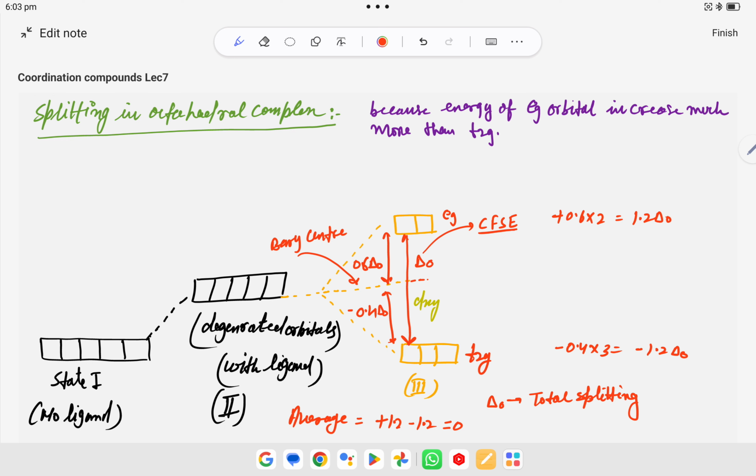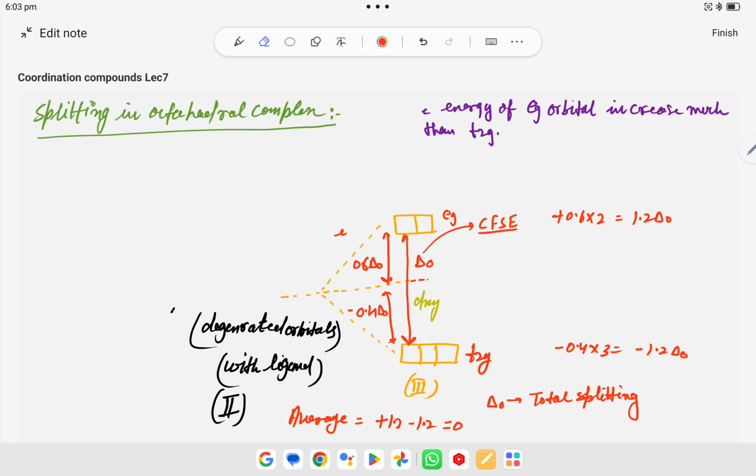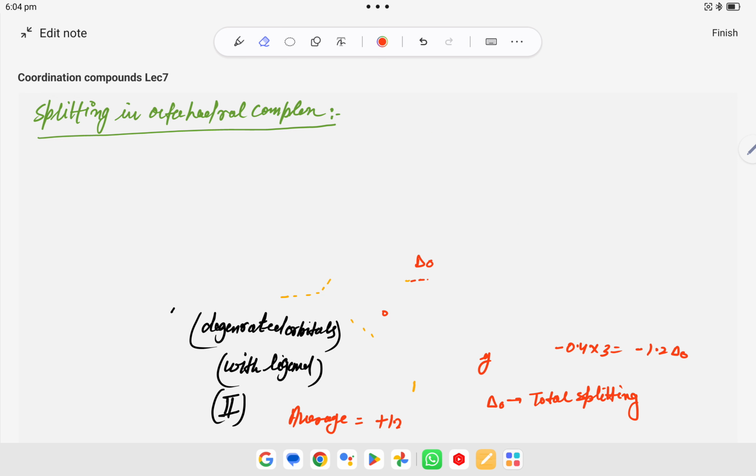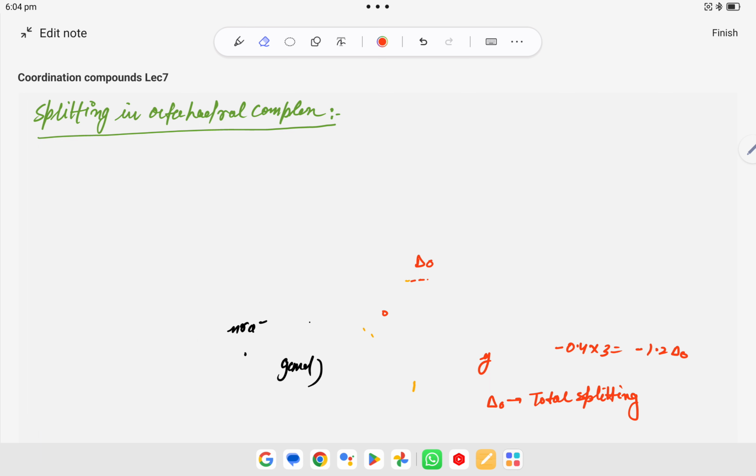In the next case, check it once. This is a very important concept and it will take time also.